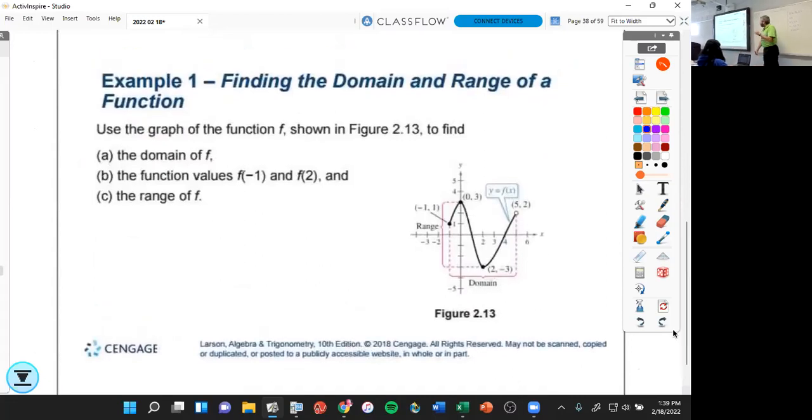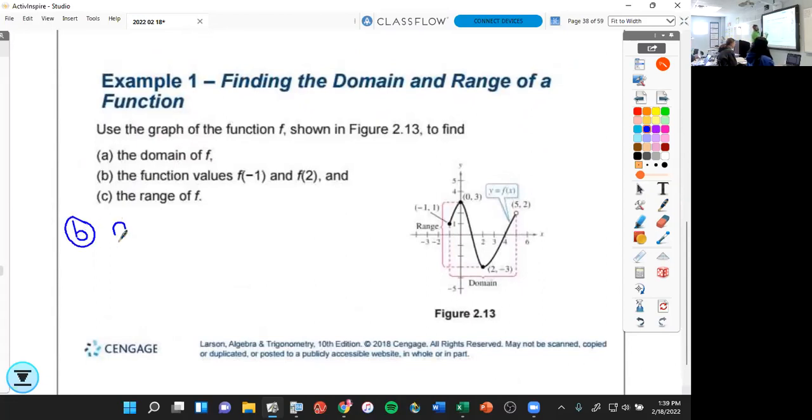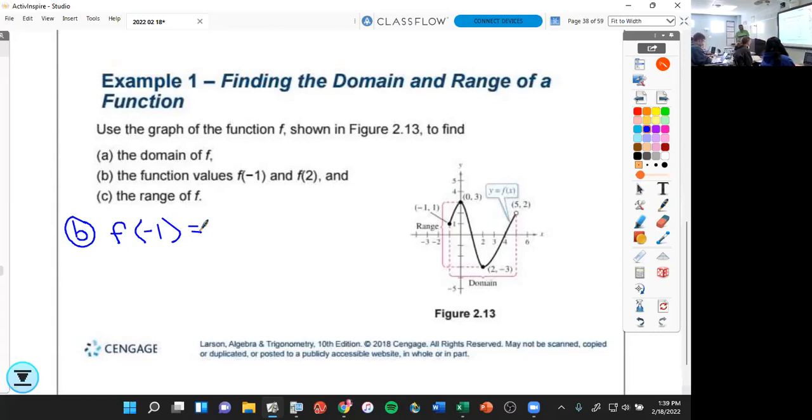So this graph, we've already done parts A and C, correct? We already talked about the domain and the range of this function. The question asks, what is the function value f of -1? So what is the value of f of -1? What exactly is the question asking?